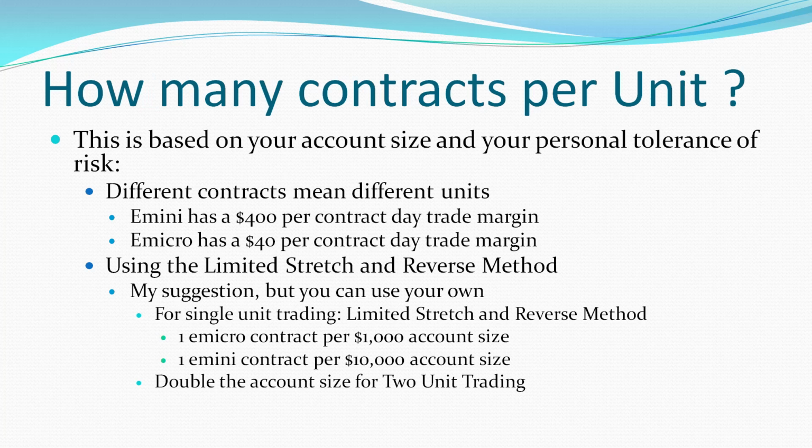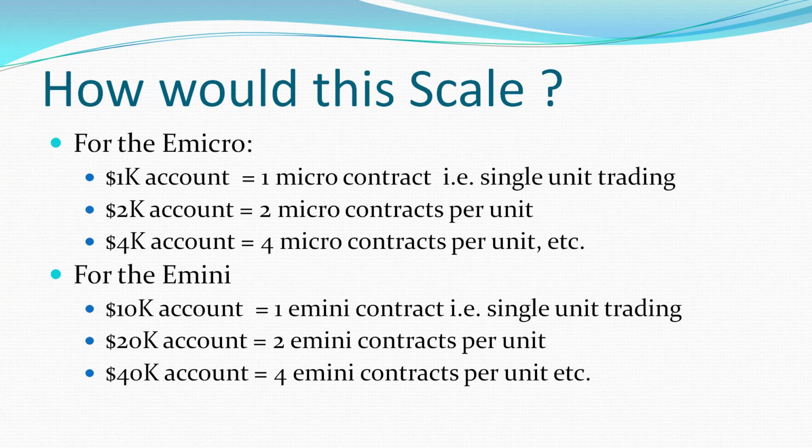So for instance, with single unit trading, one E-micro contract could be traded for a $1,000 account size, and one E-mini contract could be traded per a $10,000 account size, right? So if you're going to double the unit to 2-unit trading, then those numbers would need to double as well. And this is what that would look like, right?